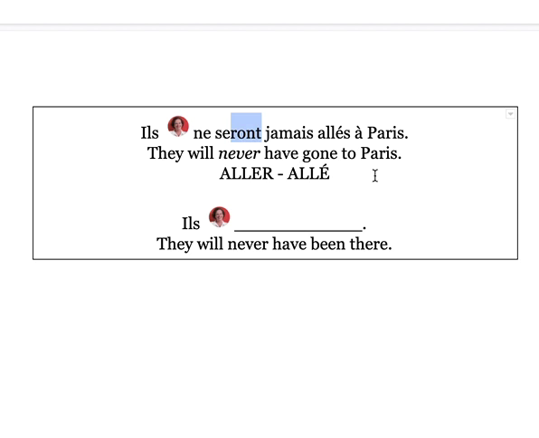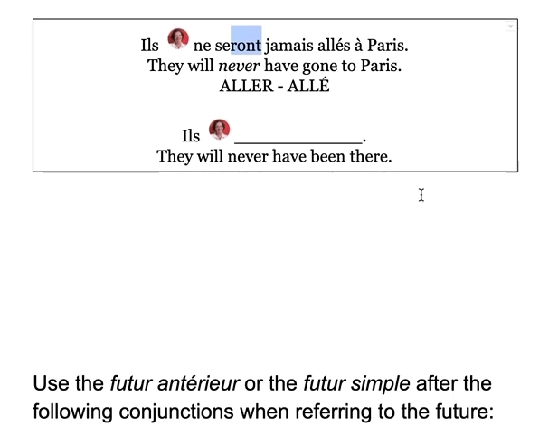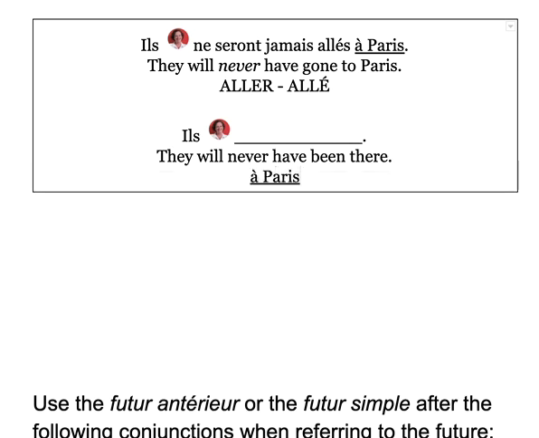Make sure you put a T because I made a typo. Now, if we want to say they will never have been there, what we need to replace is à Paris with a pronoun. So that's going to be your pronoun y, right? We've talked about this one, seen it a few times. Donc, ils n'y seront jamais allés.